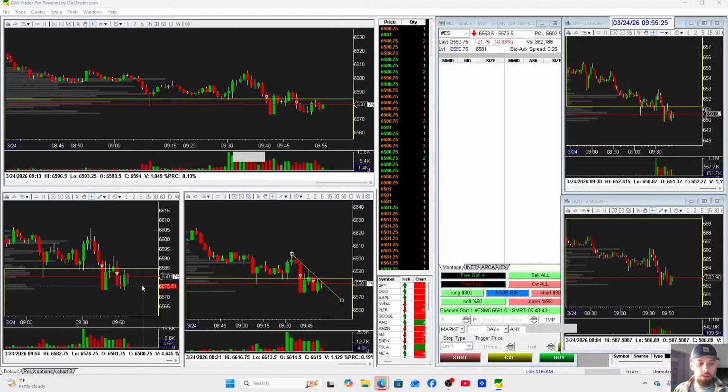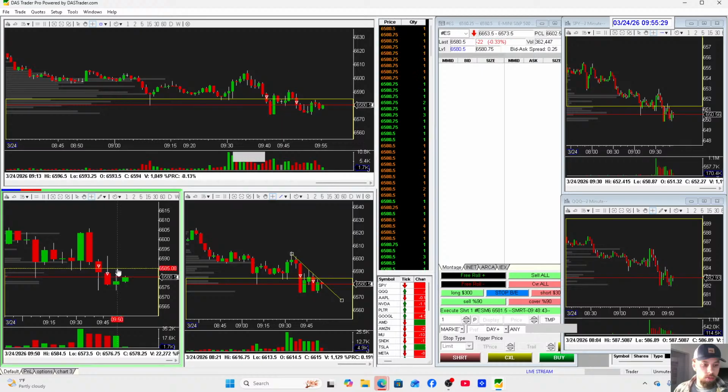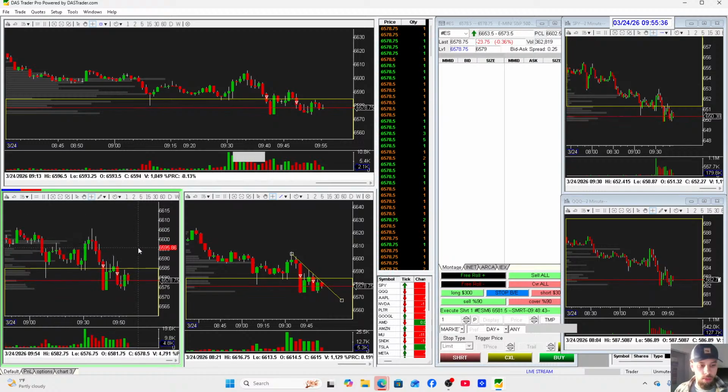Another 5 minute just closed. It's more bearish than bullish, which is nice for me to see. Seem to be respecting this trend as of right now. The market doesn't want to lose this level.